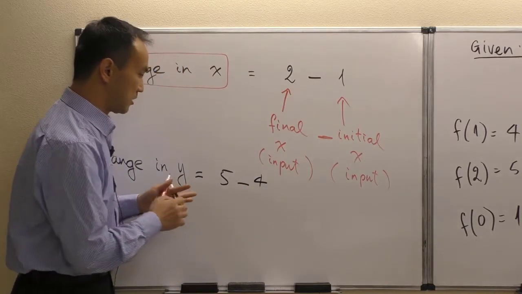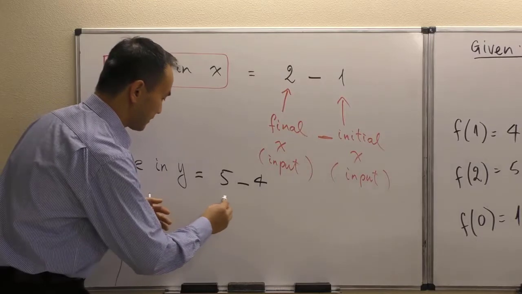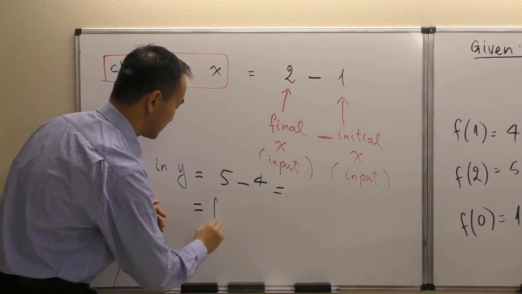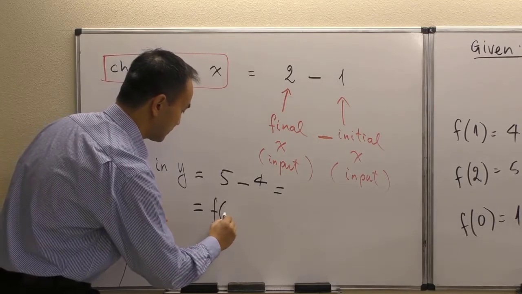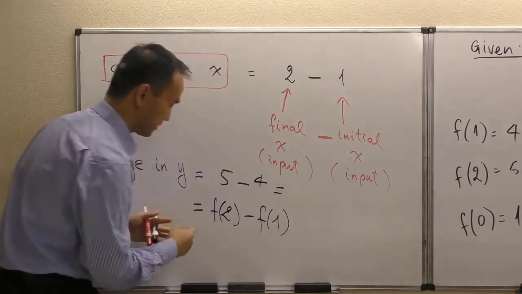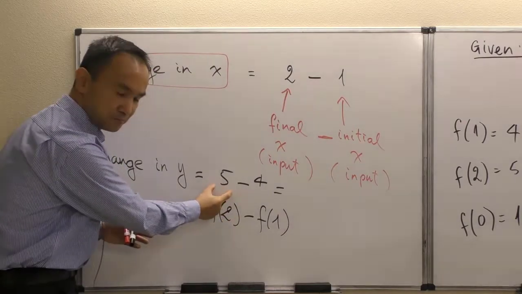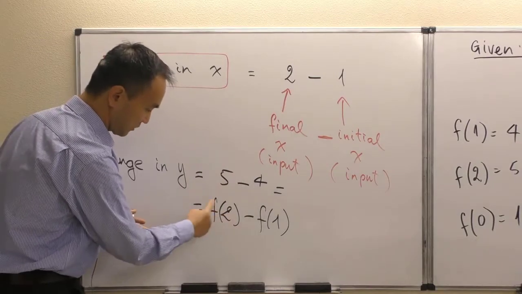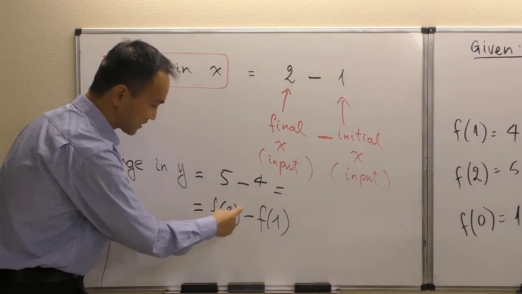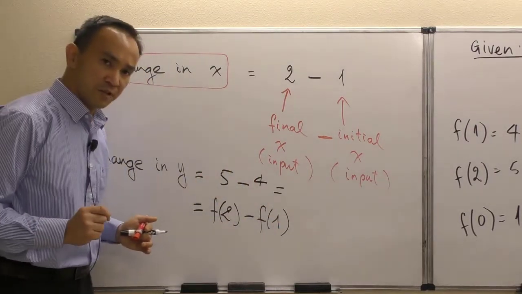Okay. So as far as the interpretation, all this here really was f of 2 minus f of 1. See, the final y value was 5, but really it's the function value at the final x minus the function value at the initial input right there.